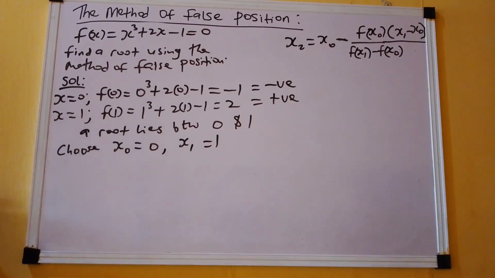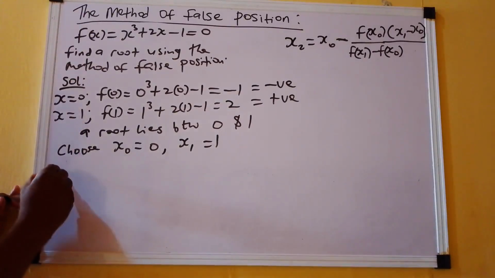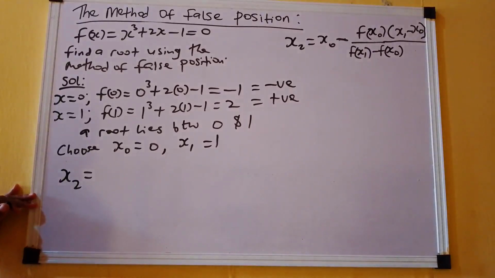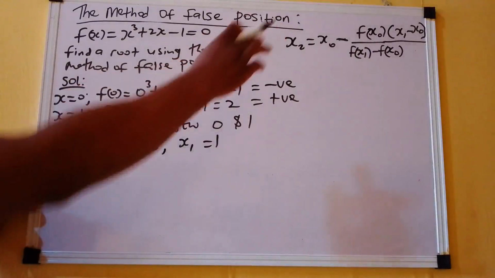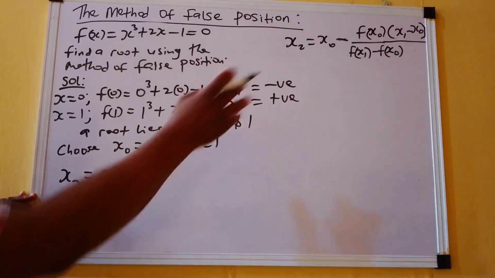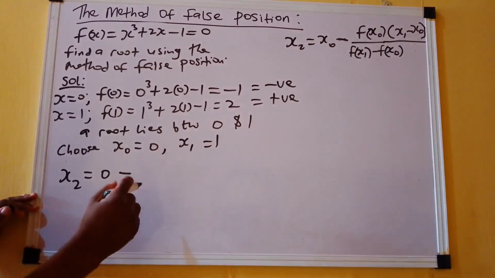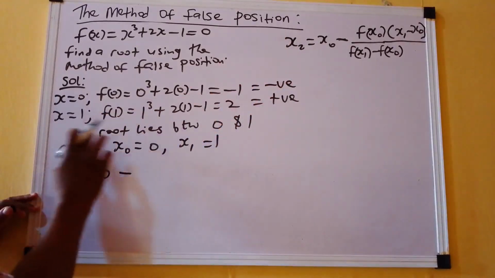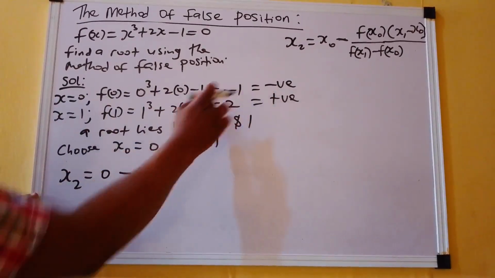Right now, let us go ahead to get our x2 using the formula for the method of false position. X2 will now be equal to x naught. What is our x naught? It is 0, minus, now what is our f of x naught? Our f of x naught is f of 0, which is minus 1.